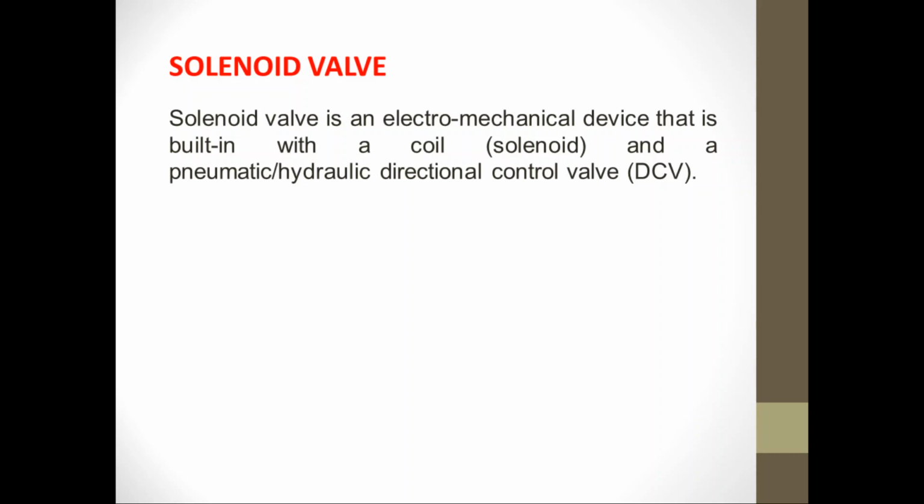A solenoid valve is an electromechanical device with a built-in coil. This is where the voltage or electrical current is given. It consists of a coil and a pneumatic or hydraulic directional control valve.